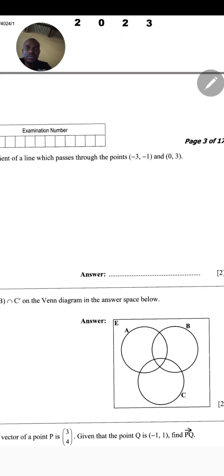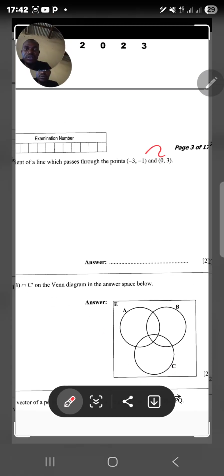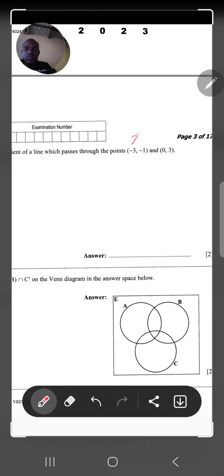As we are solving this problem, let's make this x1, y1, x2, y2.